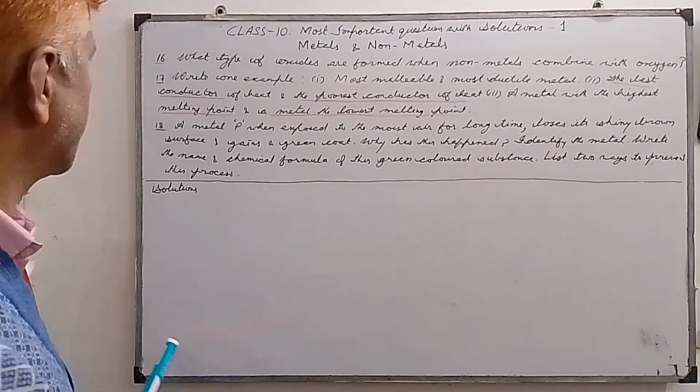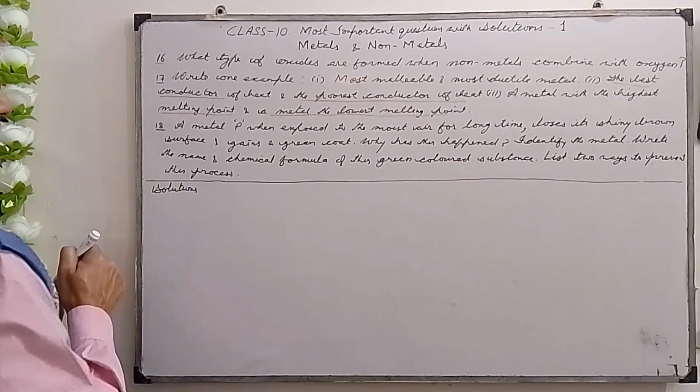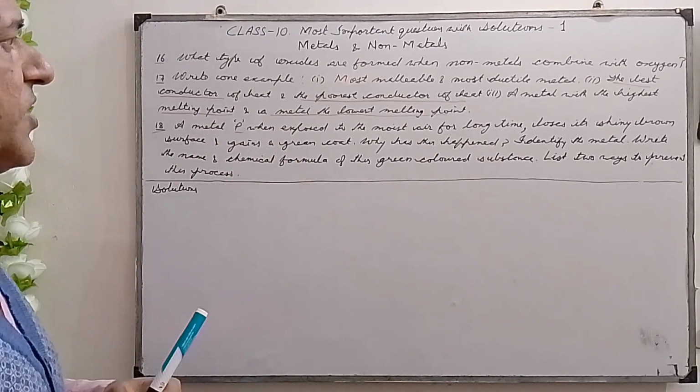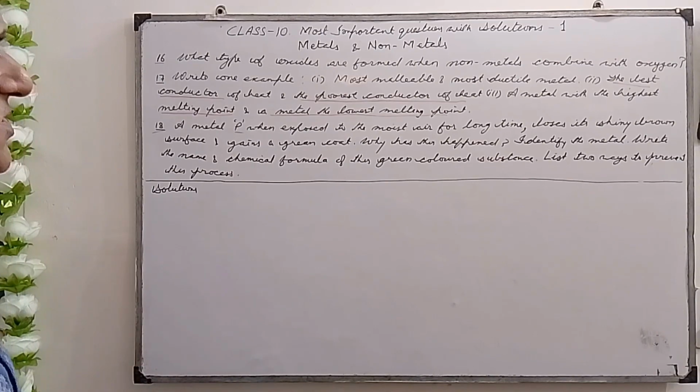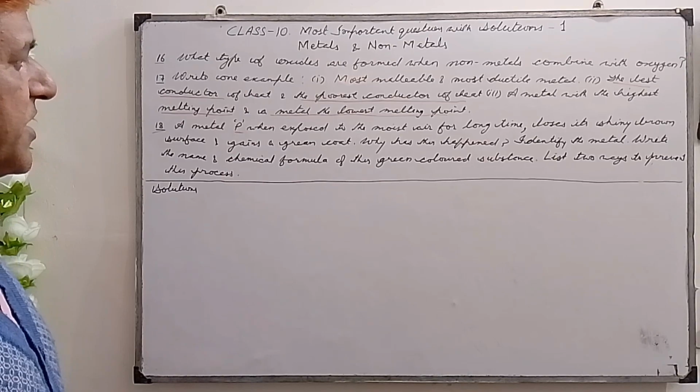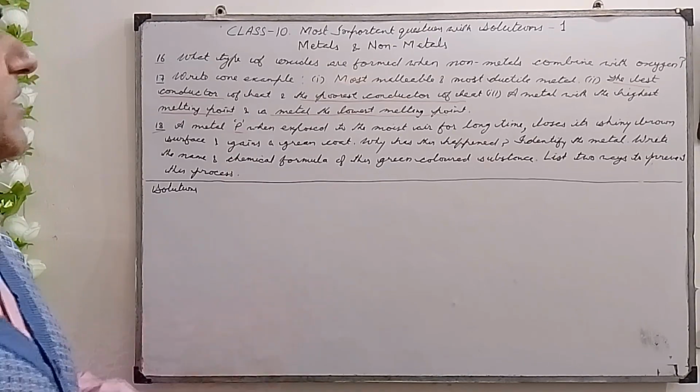liquid state. Question number 18 is, a metal P when exposed to moist air for a long time loses its shiny brown surface and gains a green coat. Why has this happened?